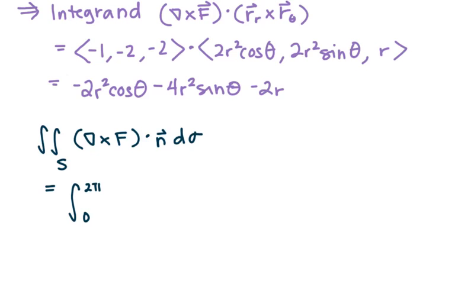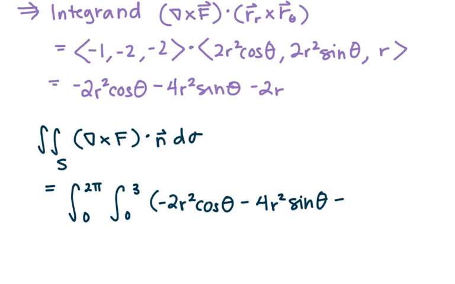So we've got 0 to 2 pi, 0 to 3. My integrand I just found, -2r squared cosine theta minus 4r squared sine theta minus 2r dr d theta. And we don't need that extra r factor in here in this situation because we're not converting. We're just dealing in polar coordinates. So it was given this way.